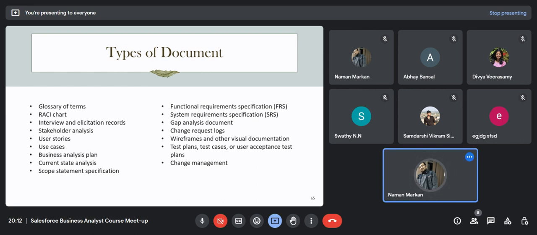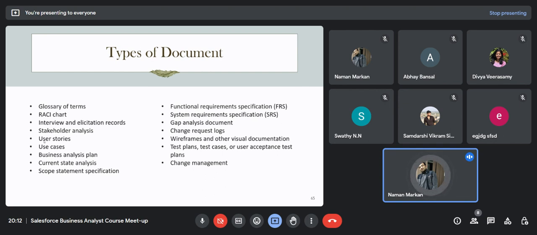Each and every terminology used throughout the project is written in a particular document known as the glossary of terms, a bibliography kind of thing, like A, B, C, with each word related to that alphabet written in a single document.